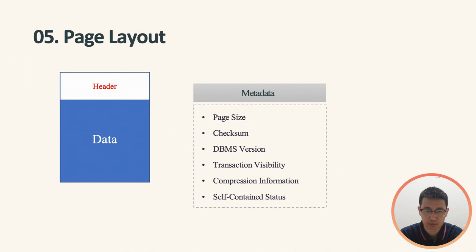This approach avoids the fragmentation issue, where, for instance, when I delete a tuple, the first slot is occupied, the second is empty, the third is empty, and the fourth is occupied again, resulting in significant fragmentation.